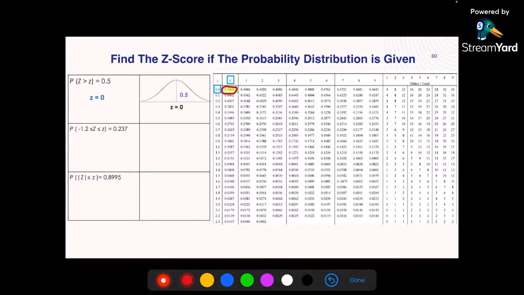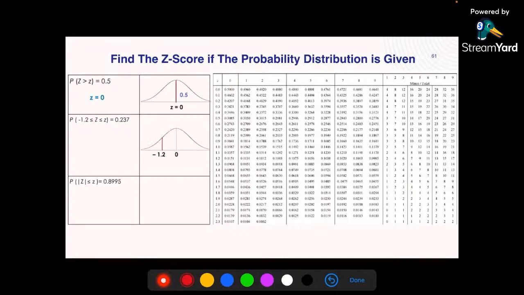Next kita pun pergilah pada nombor P is less than, Z is between negative 1.2 dengan Z 0.237. So kita pun buat sini negative 1.2. But then another Z tu we don't know where. Apa yang kita buat adalah we have to find out this 1.2 tu berapa value dia. So kita cari.